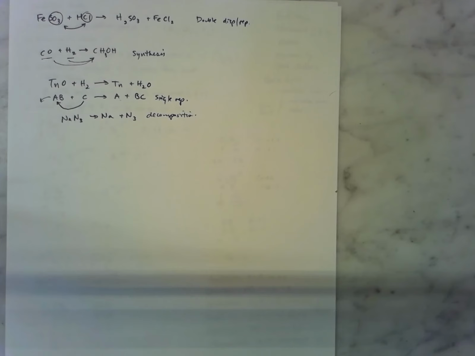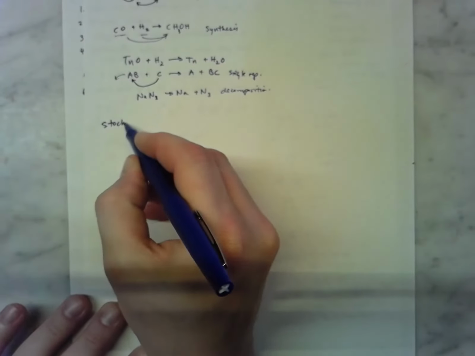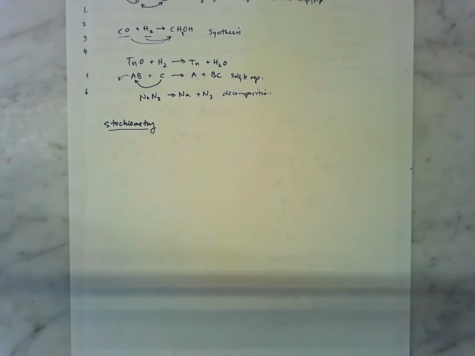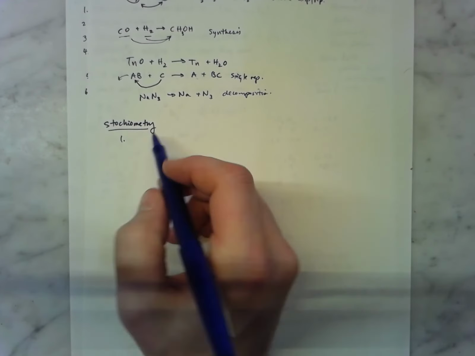All right, very quickly on the stoichiometry. Stoichiometry is one of those things that's so foundational, it's almost hard to even talk about it, because every time you do anything with any equation, you're doing stoichiometry. Okay, and I'm just going to write what he's got here, and then we're basically just going to jump in and start working some problems.